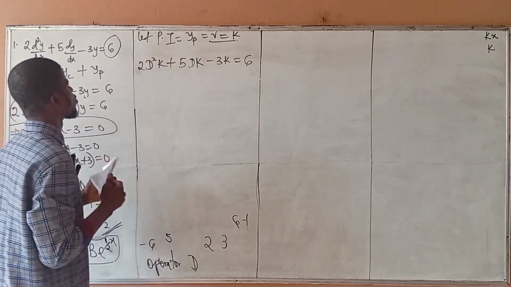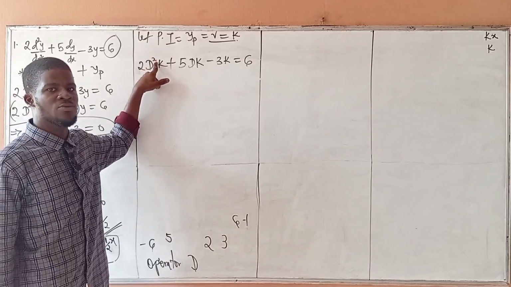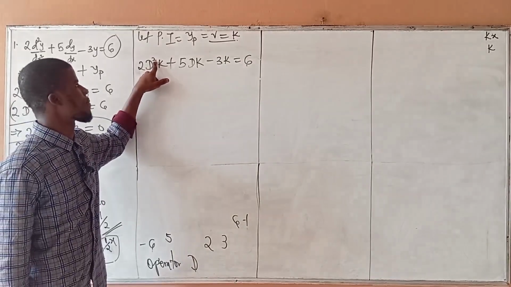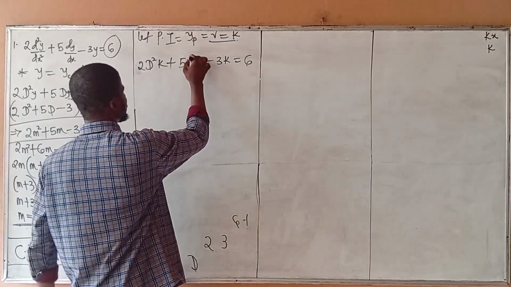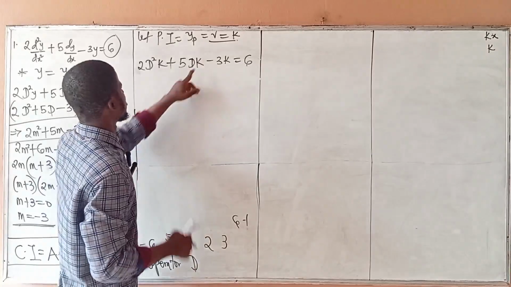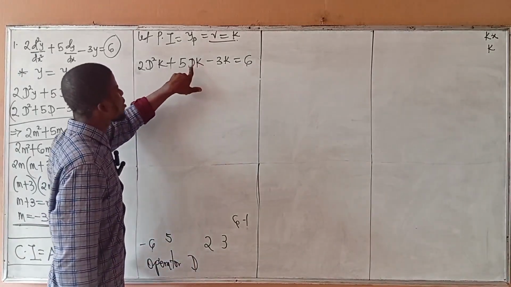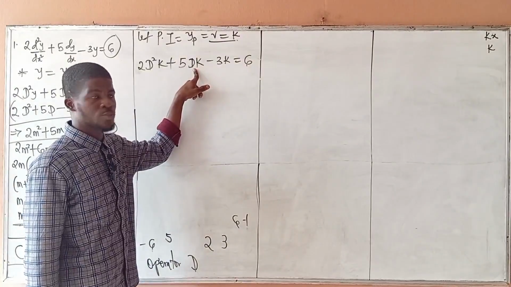What this D squared means is second derivative. This D means first derivative. K is a constant. If I differentiate a constant, what will I get? I'm going to get 0.